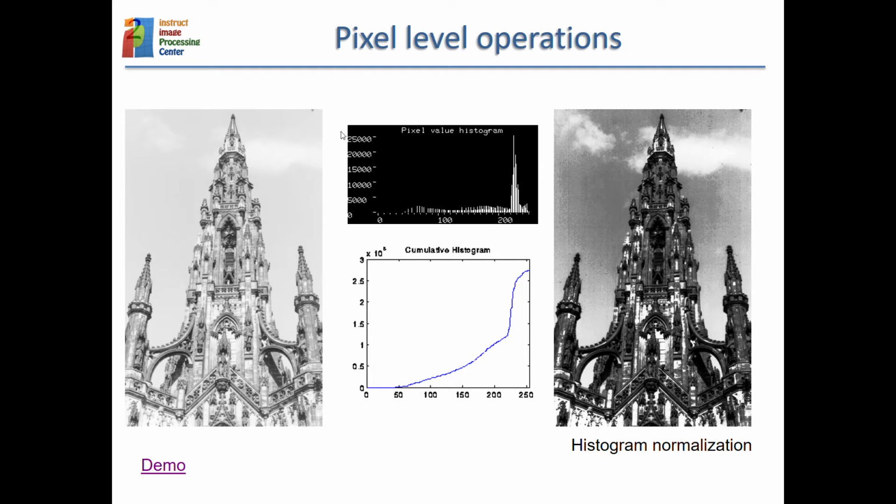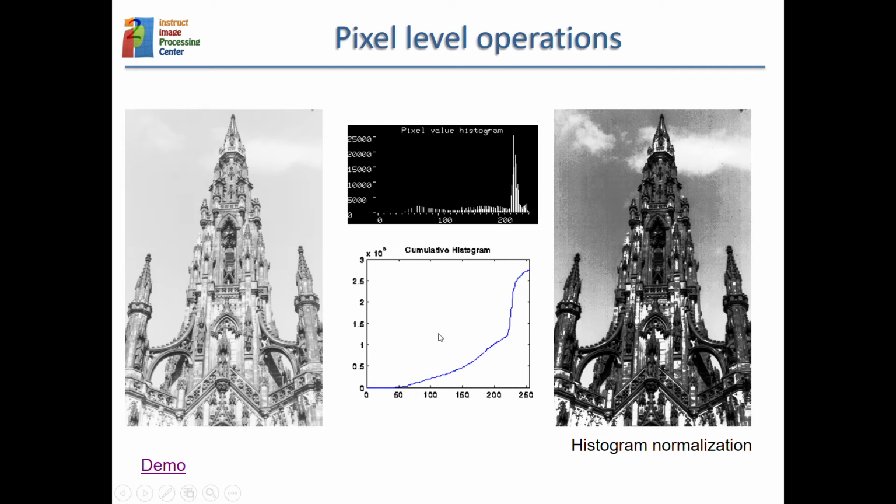So the number of output values has to be kept the same. The output has to be still between 0 and 255. So you have to saturate somewhere. You have to sacrifice some gray values somewhere.